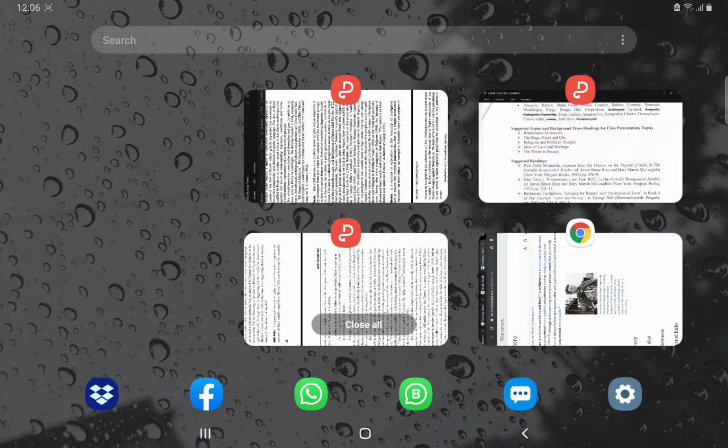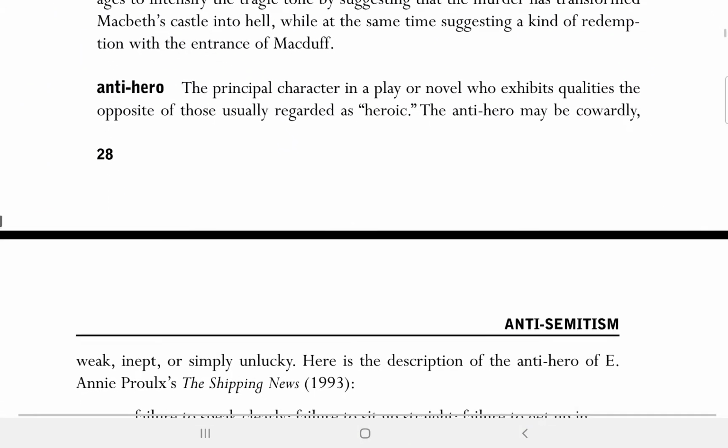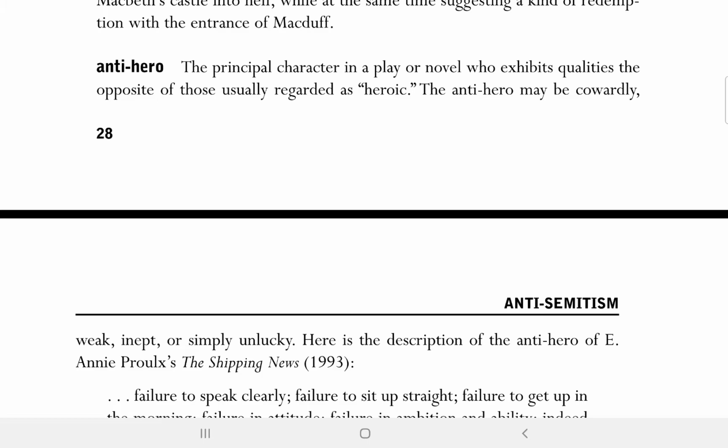What have we got here? First, I would like to use the book of Edward Quinn, and here we have a definition. The definition says: the principal character in a play or novel who exhibits qualities the opposite of those usually regarded as heroic. So, anyone who possesses the opposite qualities of a hero.